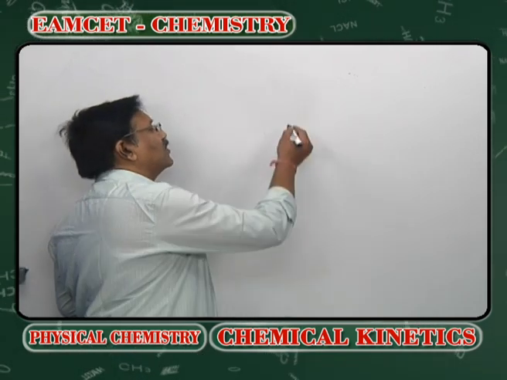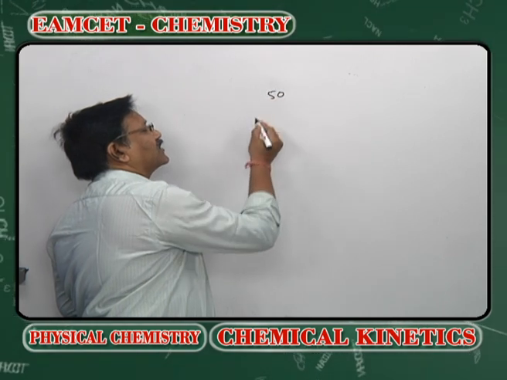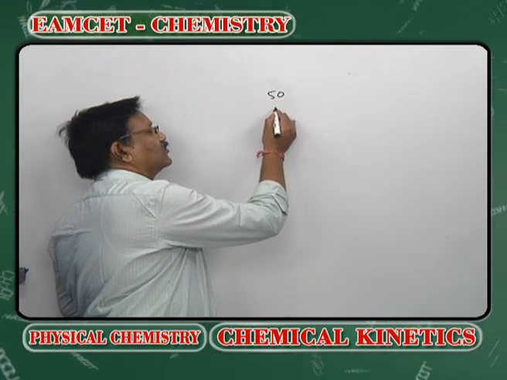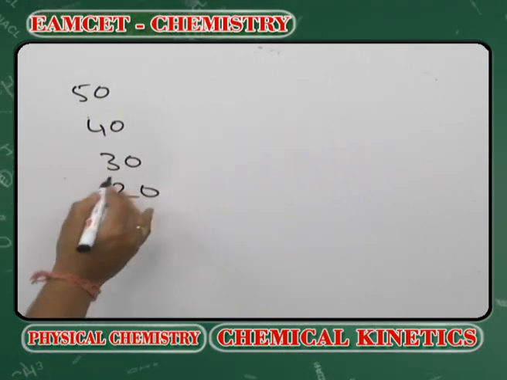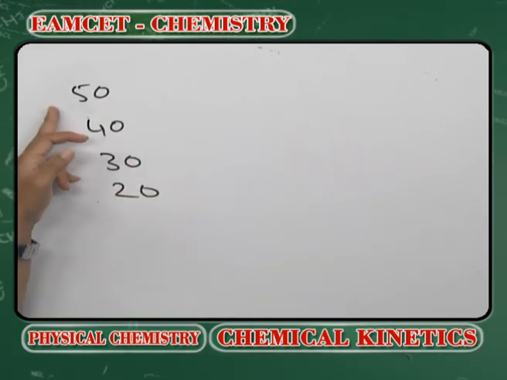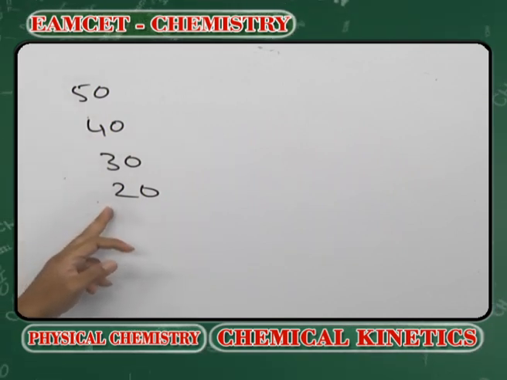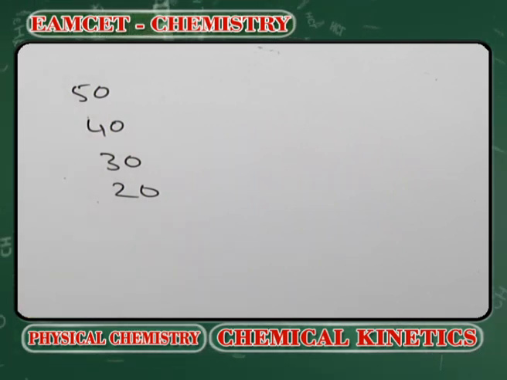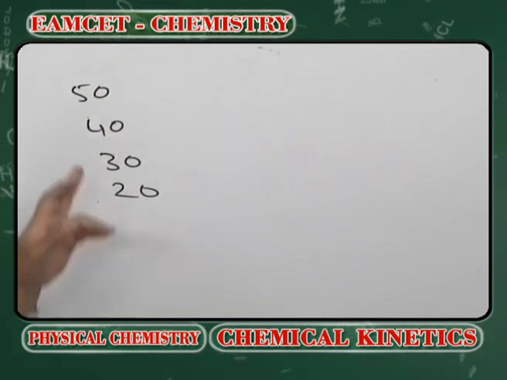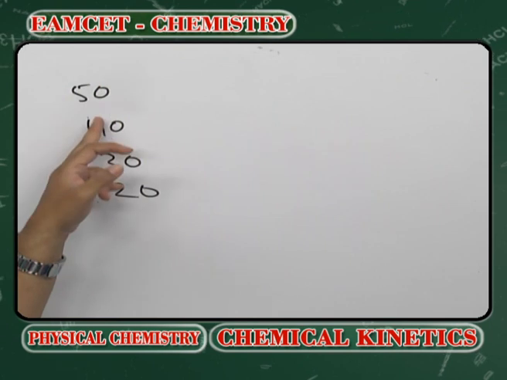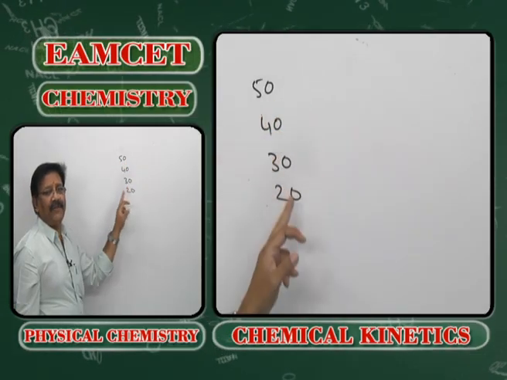Take for example, for the first reaction the activation energy is 50 kilojoules, and for the last reaction it is 20 kilojoules. With an increase in temperature, the rate of the first reaction will increase considerably compared with the other.